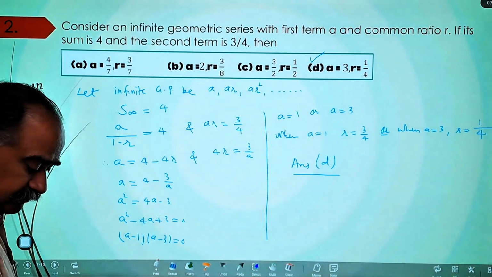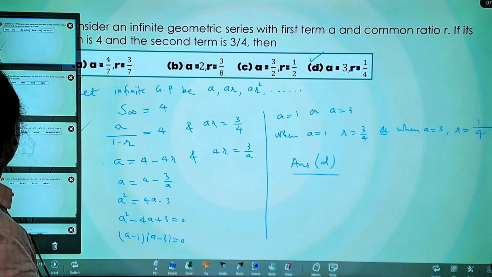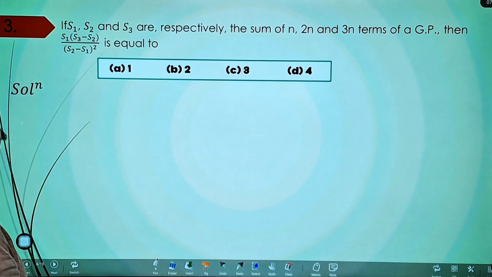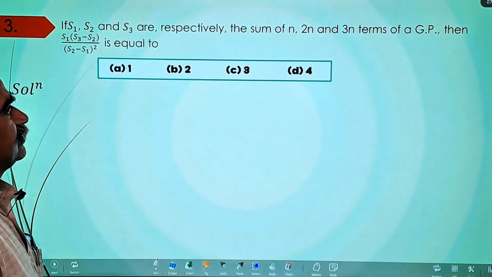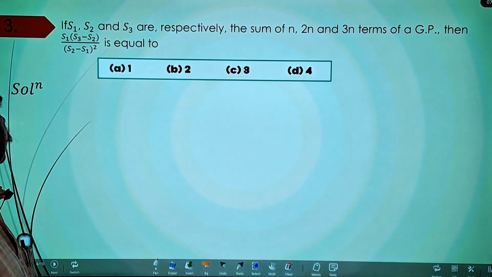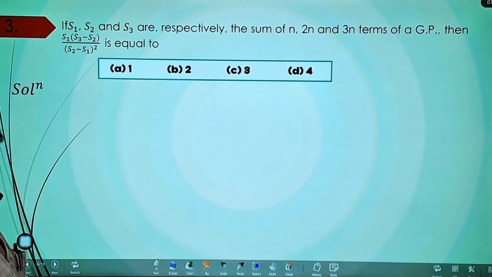See the next problem. If S1, S2, S3 are respectively the sum of n, 2n, 3n terms of a GP, then S1 into S3 minus S2 upon S2 minus S1 square is equal to.